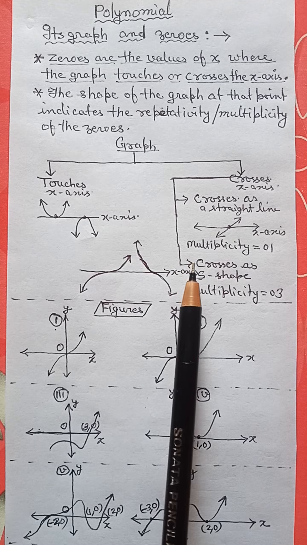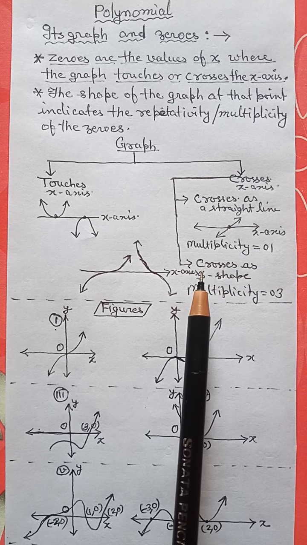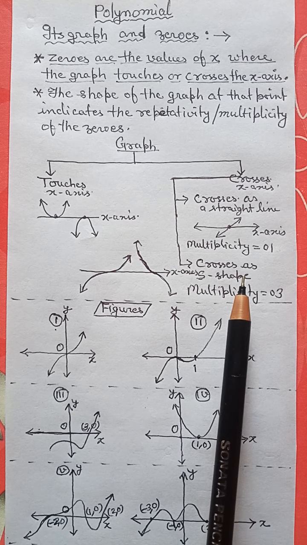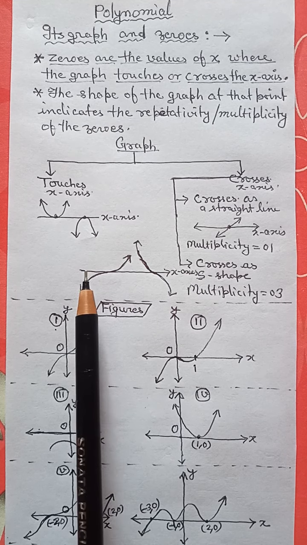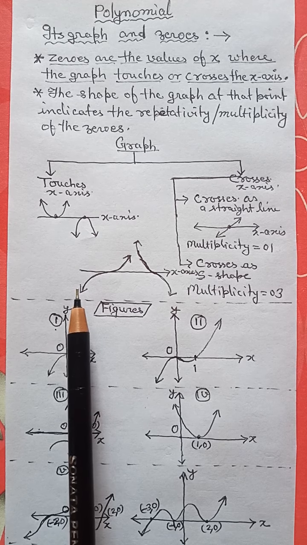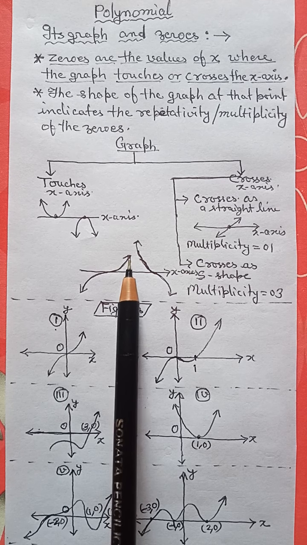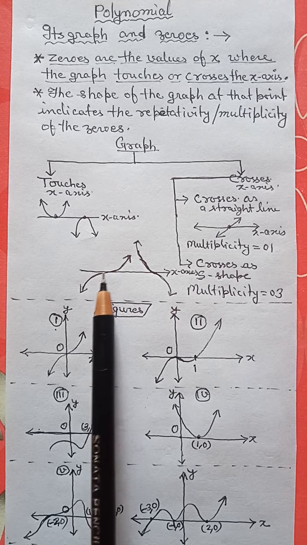Now, if it crosses making an S shape like this, here is the x-axis and the graph is making this shape.